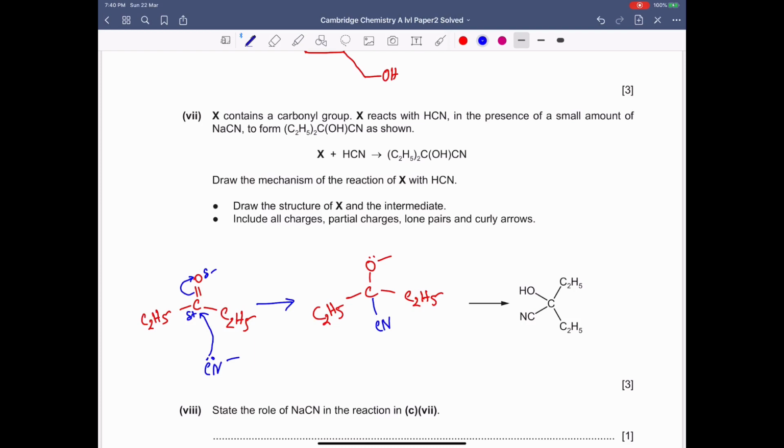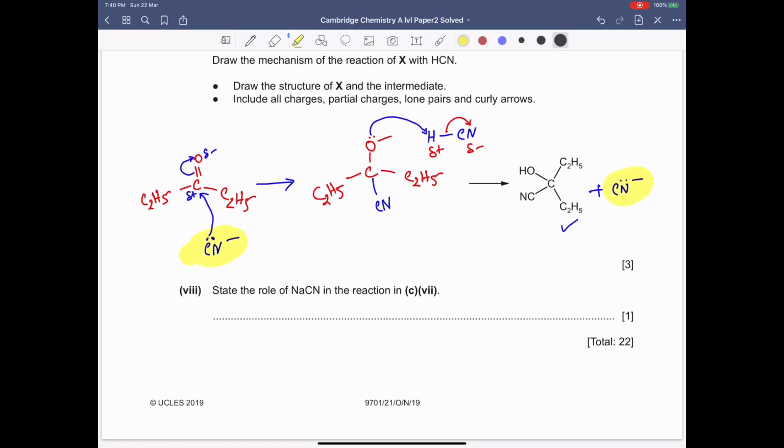In this next one, we will have hydrogen cyanide. Now this molecule is partially negative on this side, partially positive on this side. So the oxygen will take away the hydrogen, leaving the cyanide. In the next step, we're going to have this along with a CN minus with a lone pair, which is going to be the starter for the next reaction.